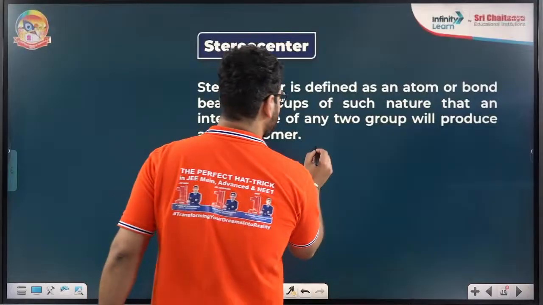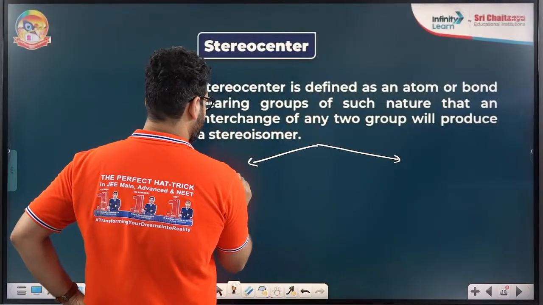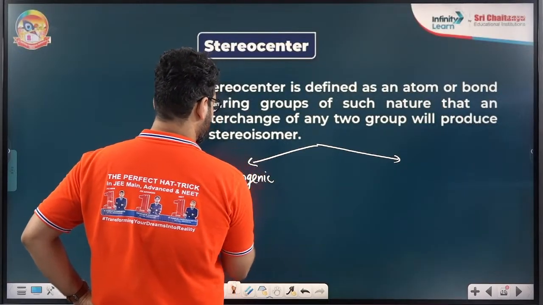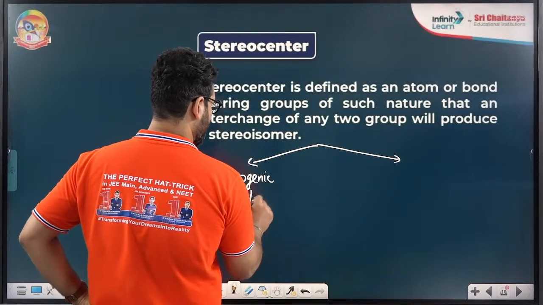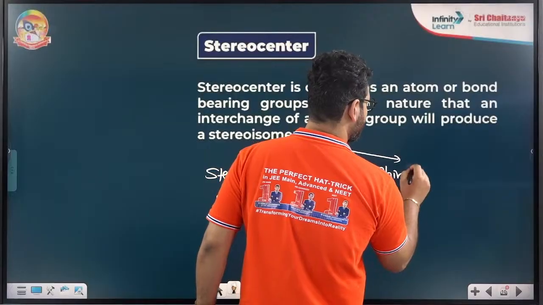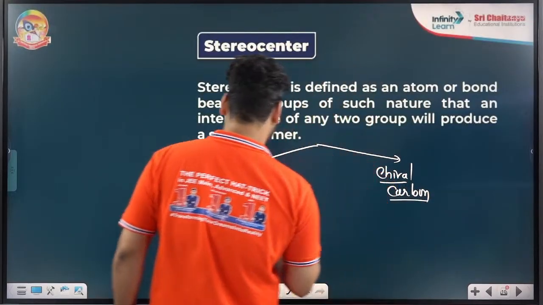This center can be of two types. You can call it a stereogenic double bond or a chiral carbon. There are two types of stereocenters.